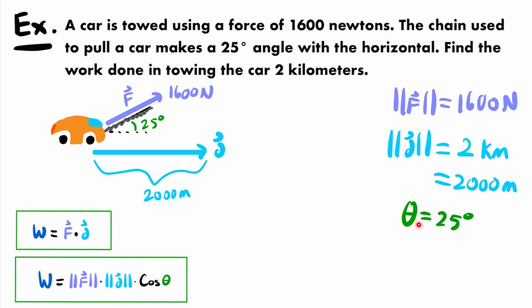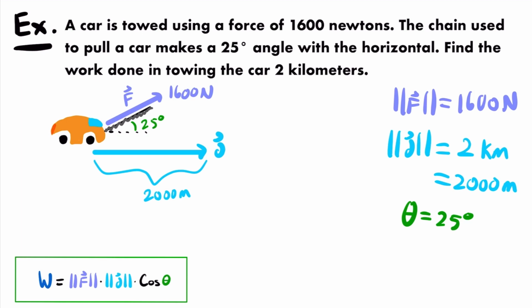We have the angle between our 2 vectors, and we have their magnitudes, which is the other part of this equation. And so this is the obvious choice in this case. We don't know the components of our force or distance vectors, so calculating their dot product the traditional way is not going to be the best course of action for this example.